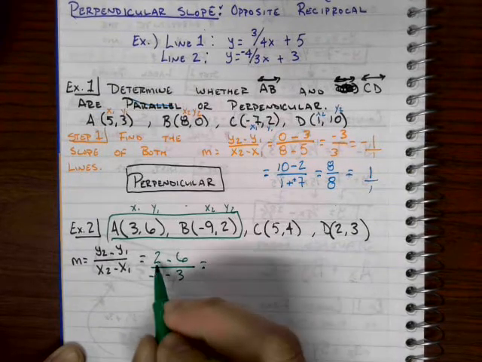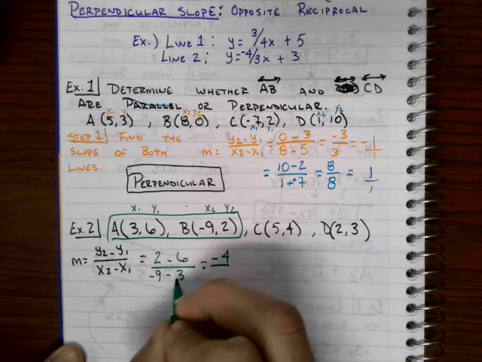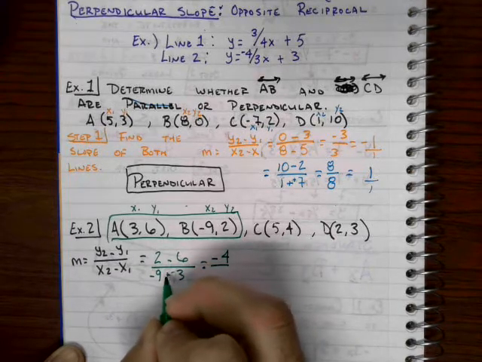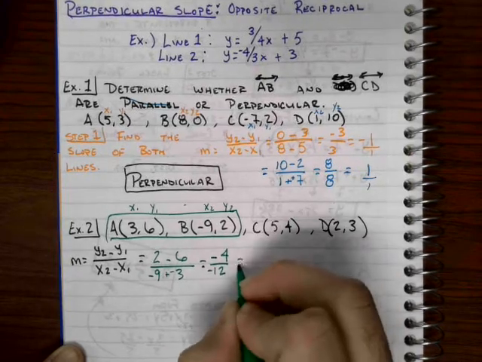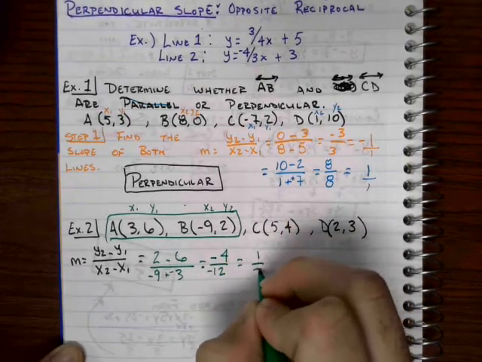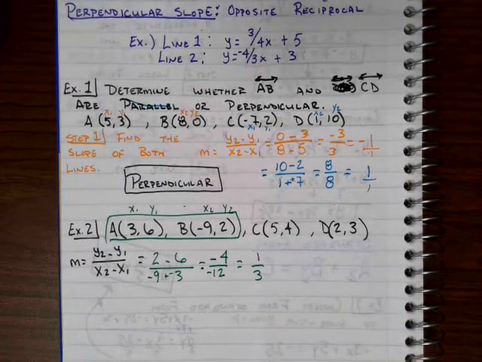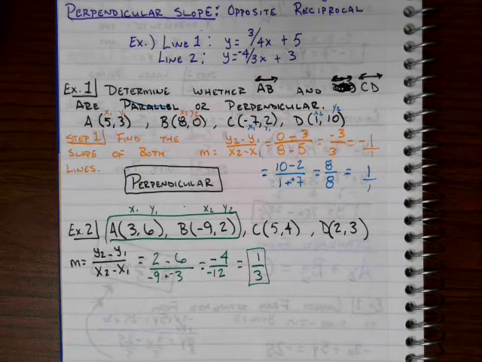So 2 minus 6 will give me negative 4. Negative 9 minus 3, if I keep change, it's negative 9 plus negative 3, which is negative 12. And when I reduce that, I'm going to get positive 1 over 3. So for line AB, my slope is 1 over 3.